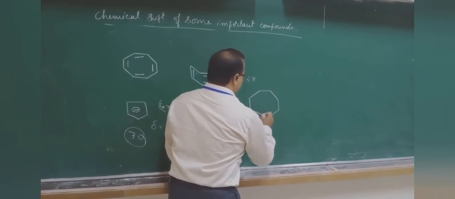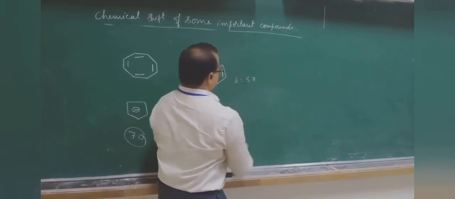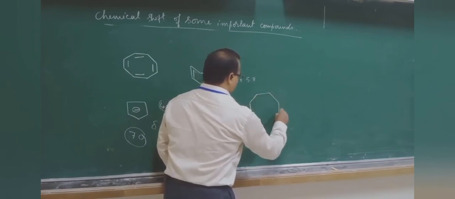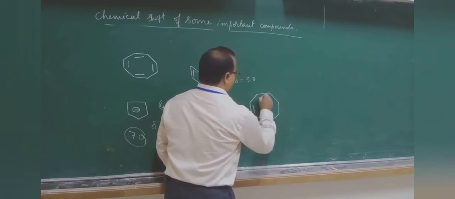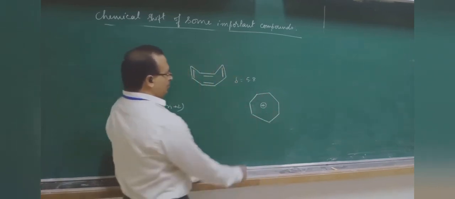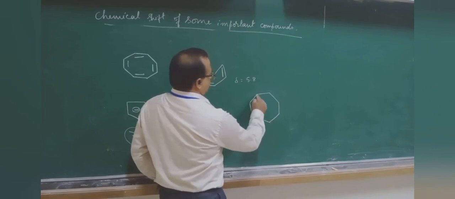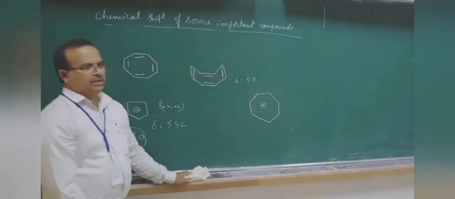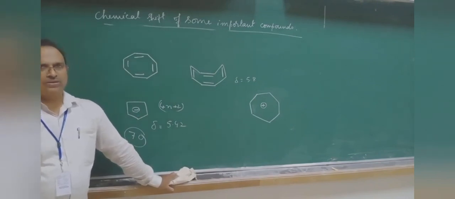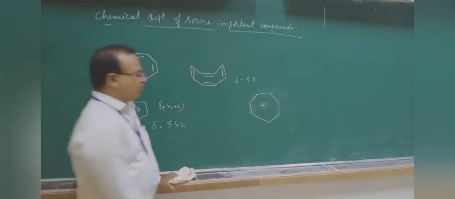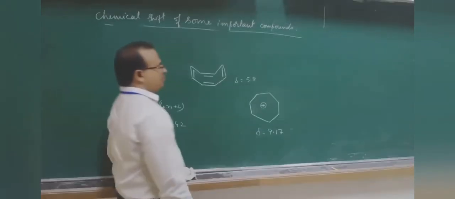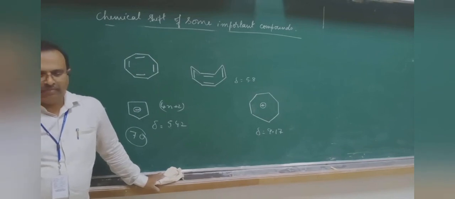We take another example, cycloheptatrienyl cation, or we call it the tropylium cation. Here the protons are highly deshielded, and the delta value is 9.17.